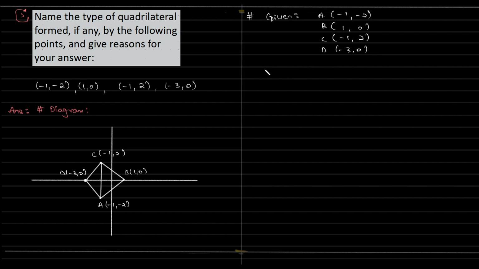And we have working. So we're looking at the distance formula. It goes like (x2 minus x1) the whole square plus (y2 minus y1) the whole square, to the power of half.